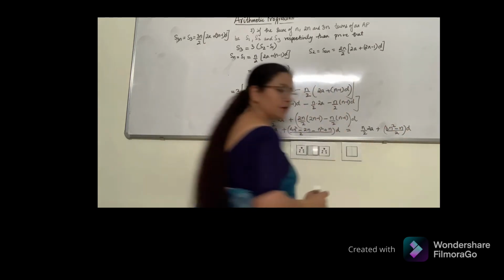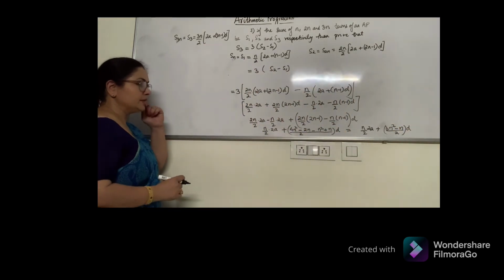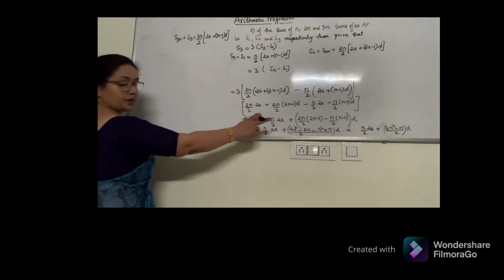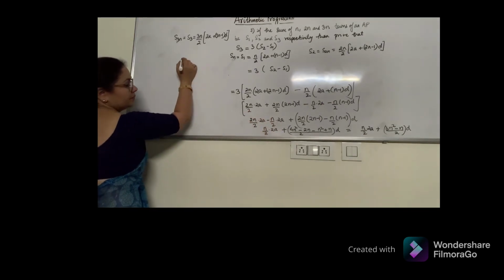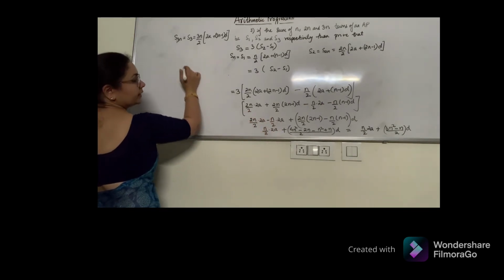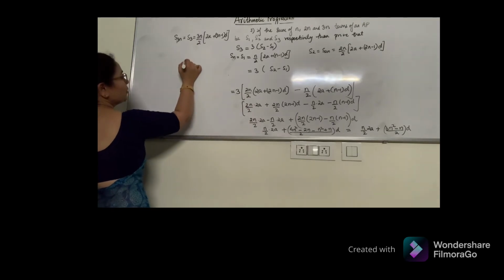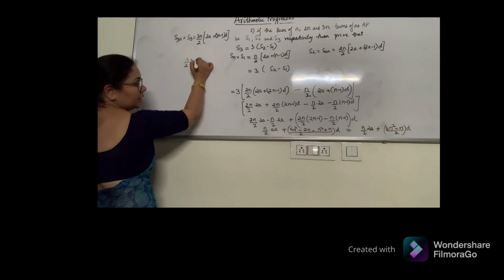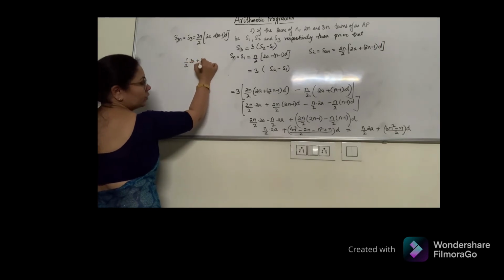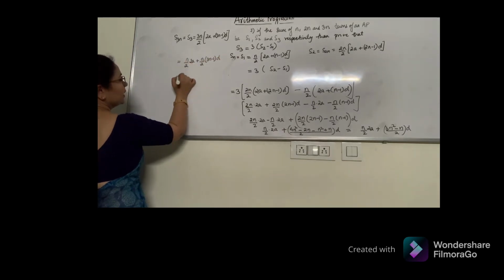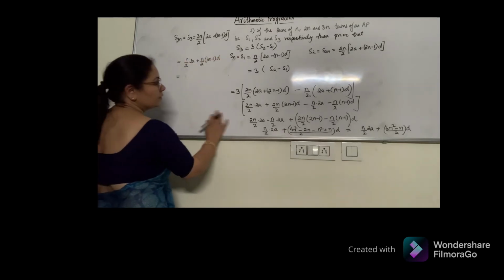I'm getting this. Can I manipulate this? See, I can take n common. One more step we can do. n by 2 2a plus, taking n by 2 common again, 3n minus 1, and d. And this 3 is left over.